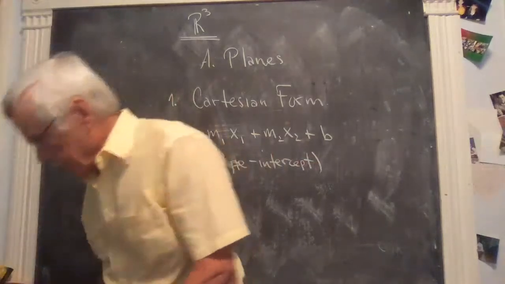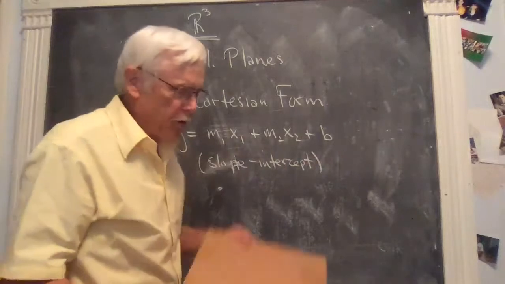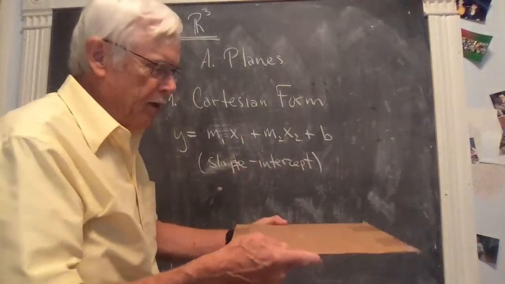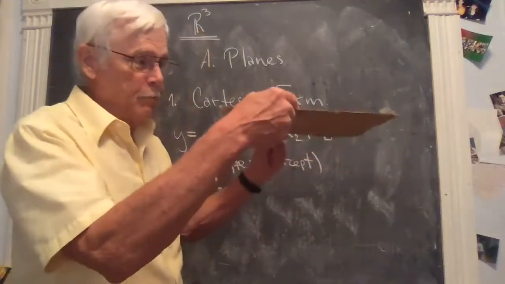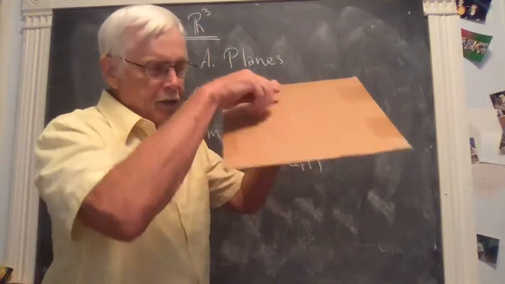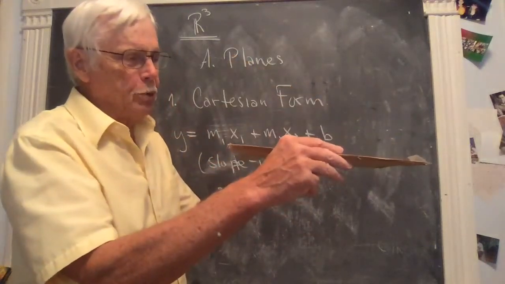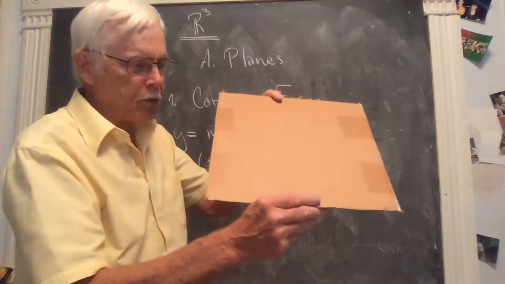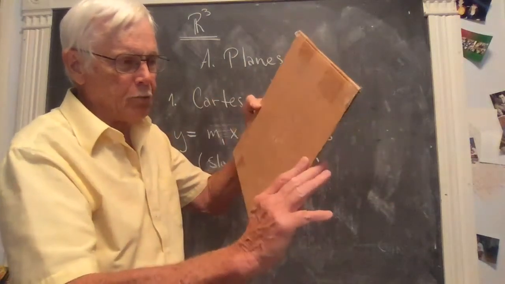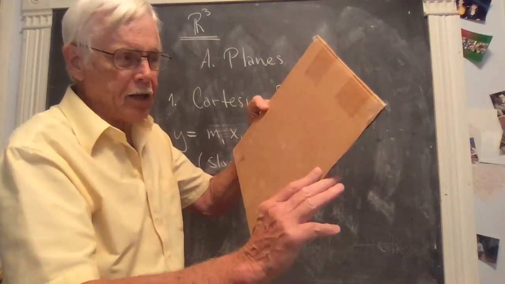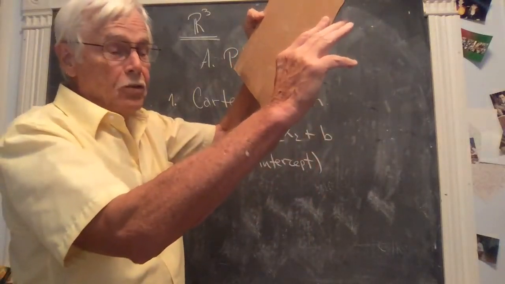So let's see, I brought my plane here again. Thanks, Snow. So here is a plane, and a plane, like an airplane, has two slopes, a pitch and a yaw. A plane has a slope in the x1 direction, that would be like -1, and a slope in the x2 direction, maybe that's 2, and then an intercept where it intersects the y-axis.